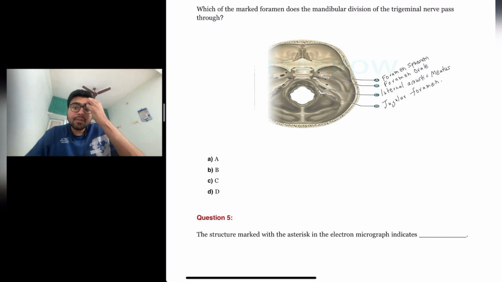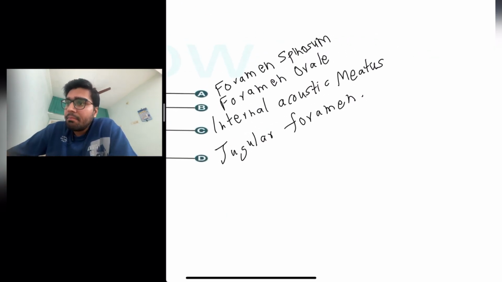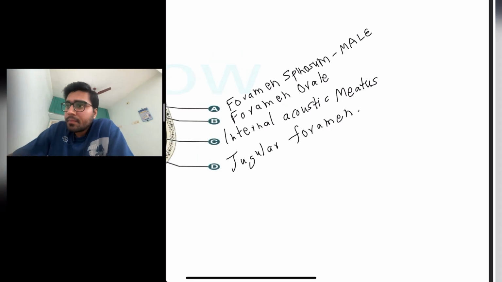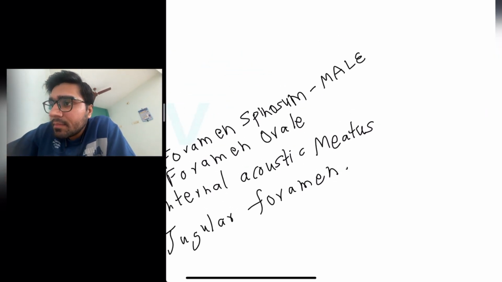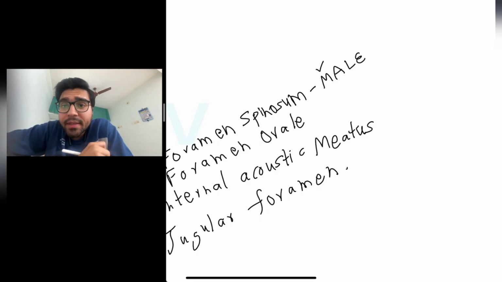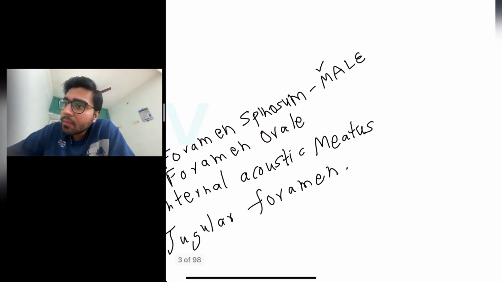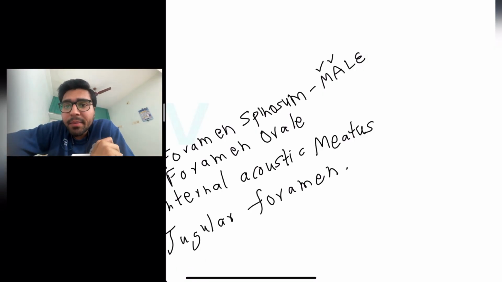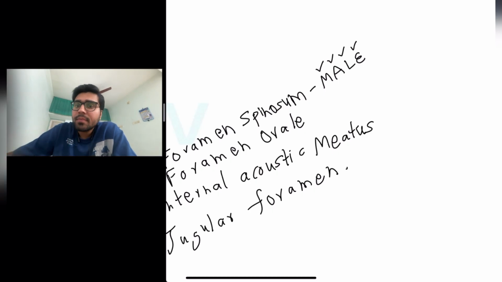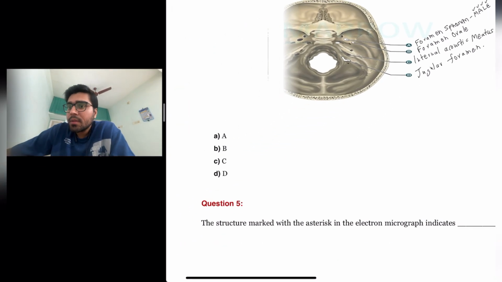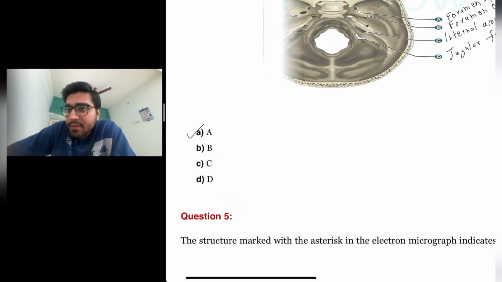So mandibular division of trigeminal nerve, you can remember the structure called MALES. Structures that pass through the foramen ovale: mandibular division of trigeminal nerve, accessory meningeal artery, lesser petrosal nerve, and emissary vein. So the answer is A.